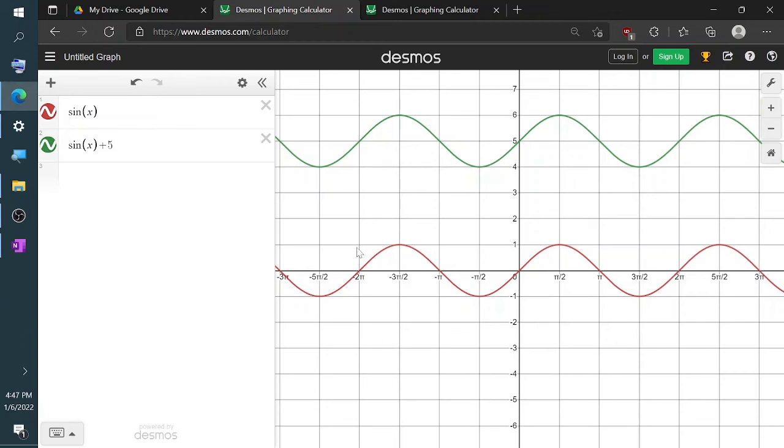So adding 5 to the sine function has changed the midline. The regular sine function, graphed in red, has its normal midline at y equals 0. However, once I added 5 to the output, sine was vertically shifted upward by 5 units, and that vertical shift of the sine function carried the midline up as well. So the midline of sine of x plus 5 is up here at y equals 5 now.